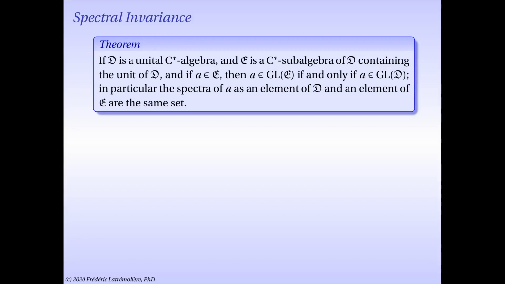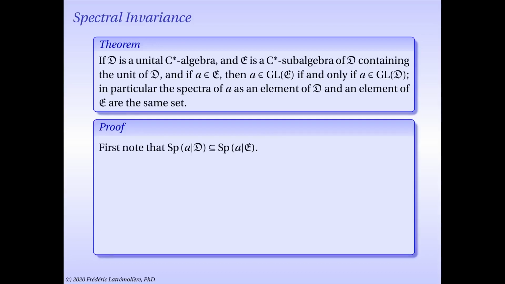So let's say you're given a unital C-star algebra D, and you pick a C-star subalgebra E of D containing the unit of D. If you pick an element A of the C-star algebra E, then A is invertible in E if and only if it is invertible in D. The consequence of that is that you can take an element A in E, and you can consider it either as an element of E and calculate its spectrum in that particular C-star algebra, or you can look at A as an element of the larger C-star algebra D and calculate its spectrum there, and you will get, in fact, the same set.